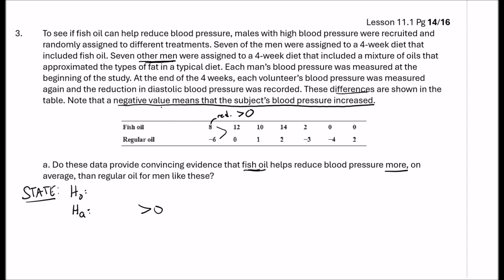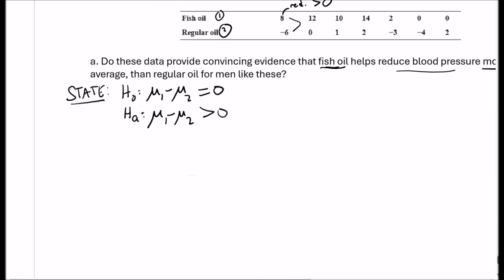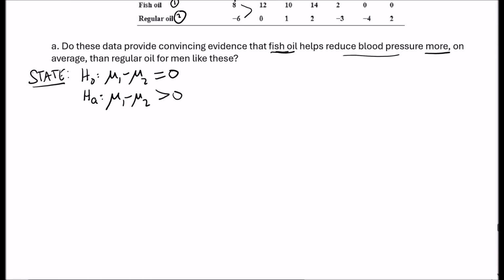We're going to call fish oil number 1 and regular oil number 2, where mu1 minus mu2 is equal to 0, so there's no difference. And if I subtract them and I get a positive difference, that means the blood pressure got reduced, and the fish oil is more effective at reducing than the regular oil, okay?